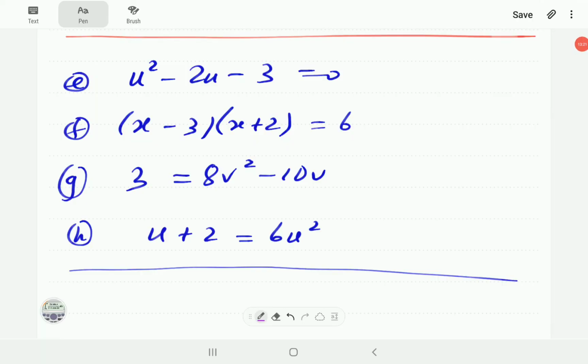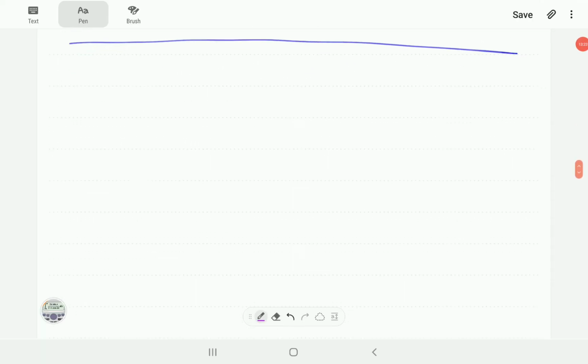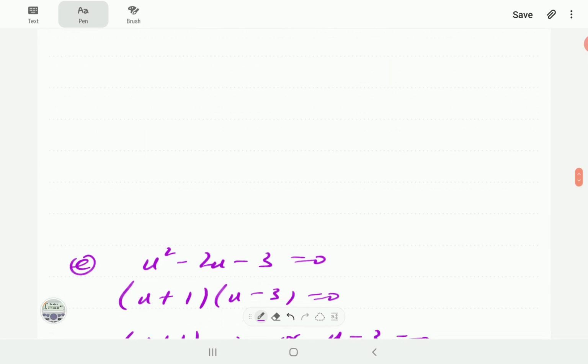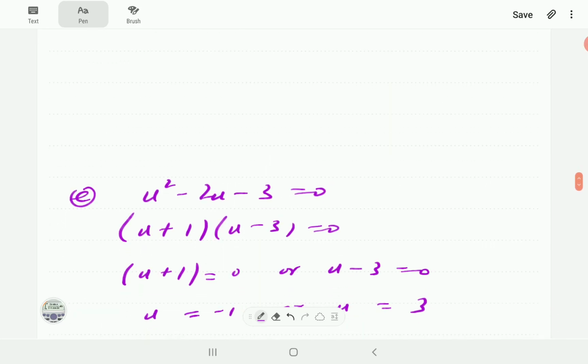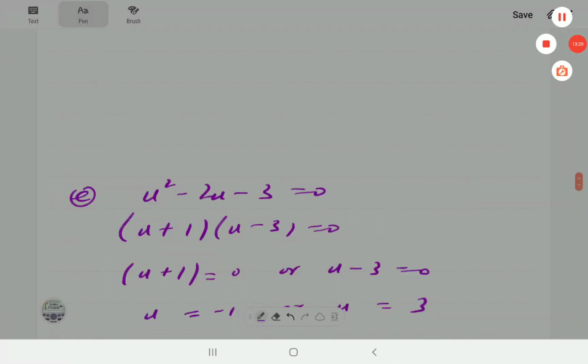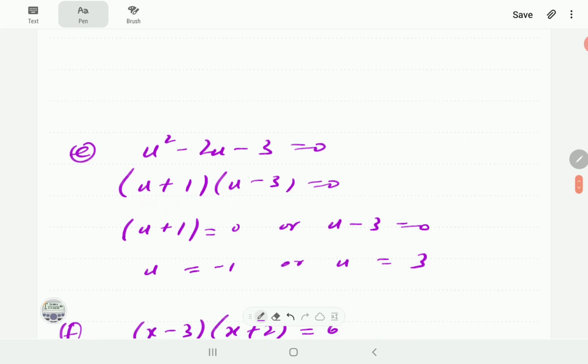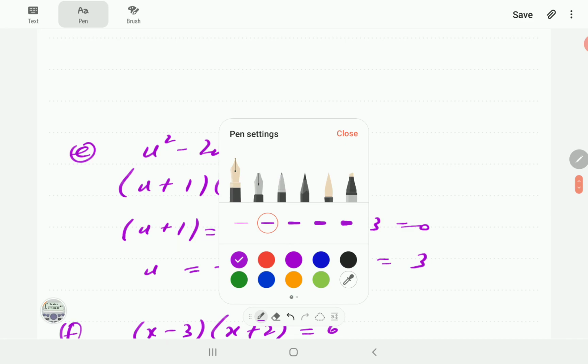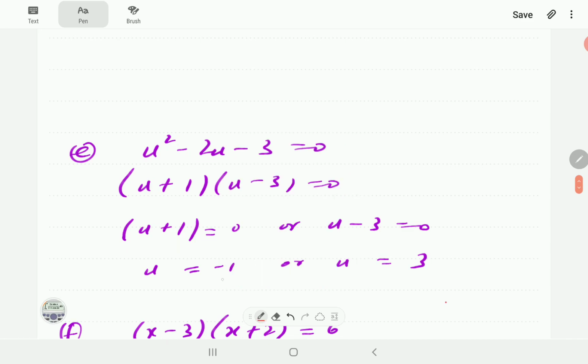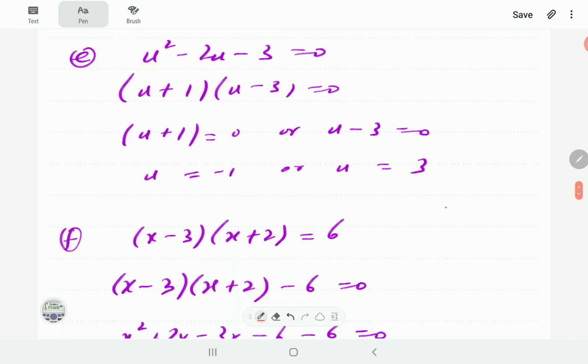All right, so for E, factorizing here, we get u plus 1 into u minus 3, and then solving ultimately gives us u is negative 1 or u is 3.